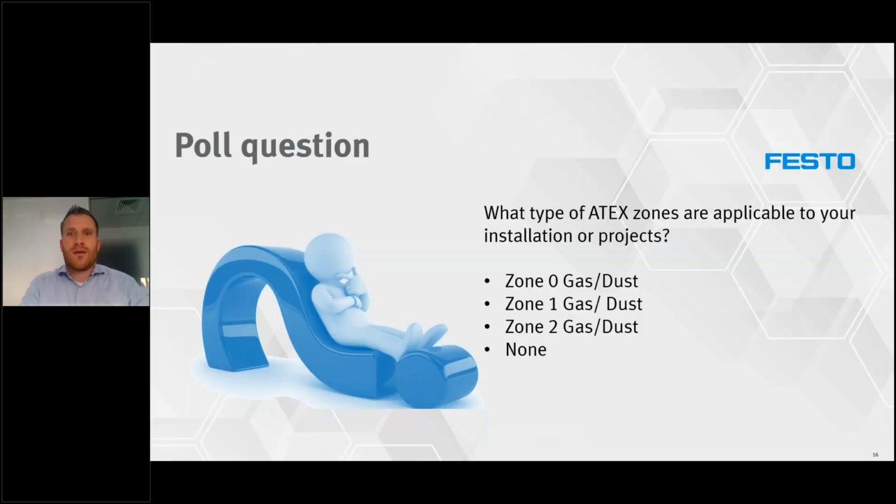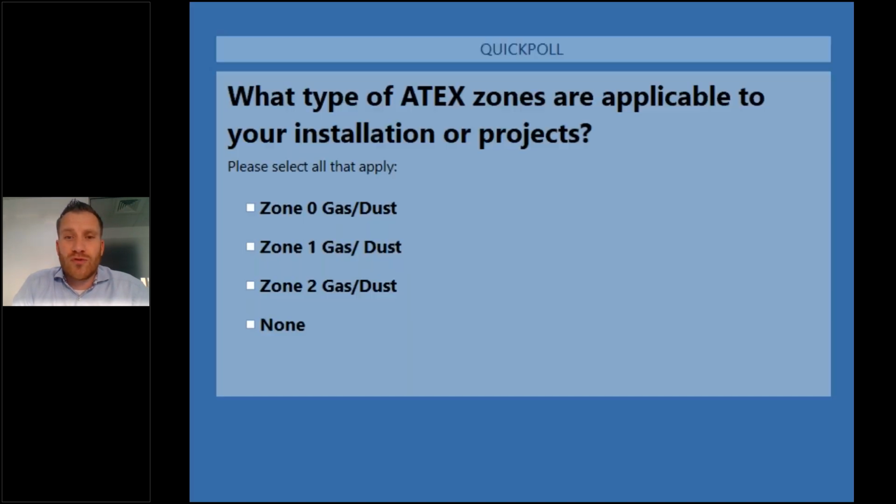So in that part, we discussed the zones. What are the typical ATEX zones that are being used or seen in your projects? Between zone 0 and zone 2, and both apply for gas and dust. Please, again, feel free to give multiple answers.